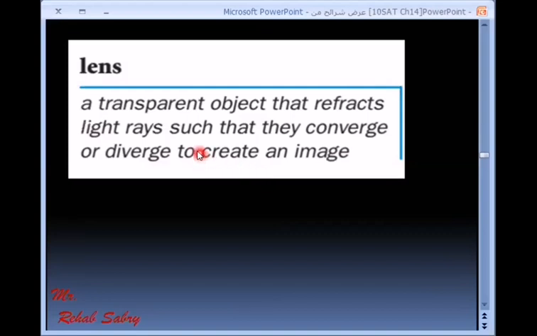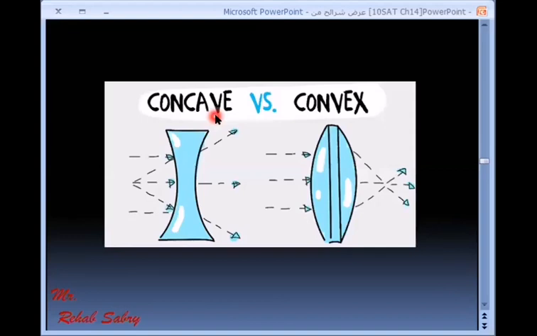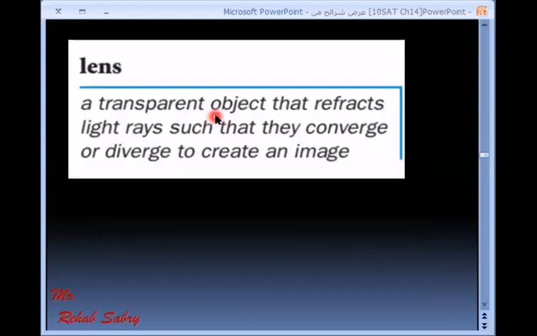So here it's a transparent medium or transparent object. This is the lens. To differentiate between the two types of lenses, let's imagine this figure. We will consider the lens as a transparent medium.